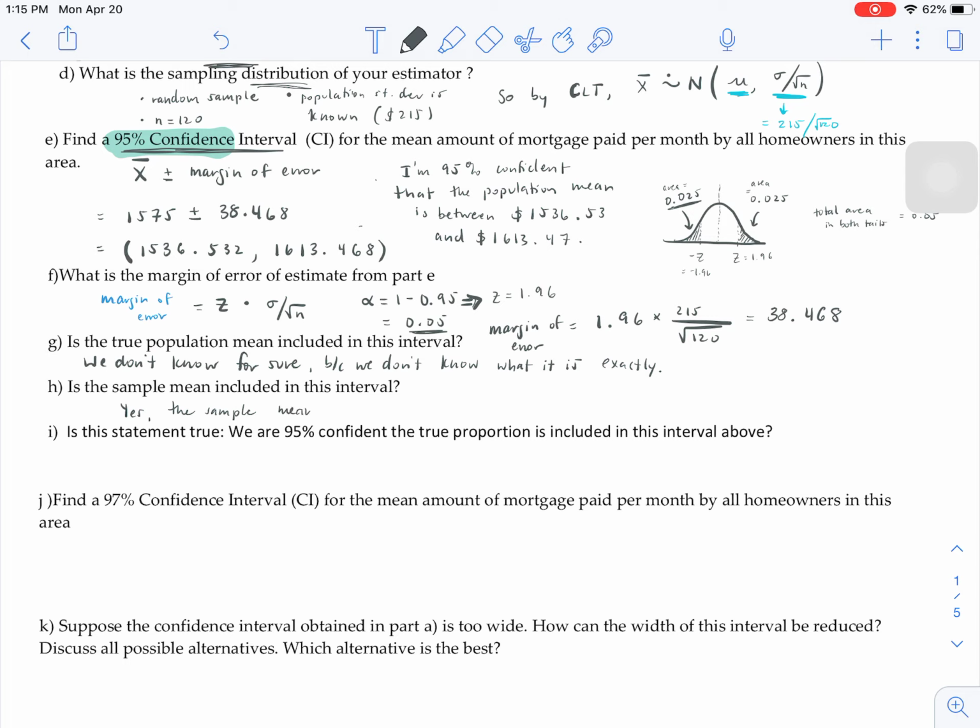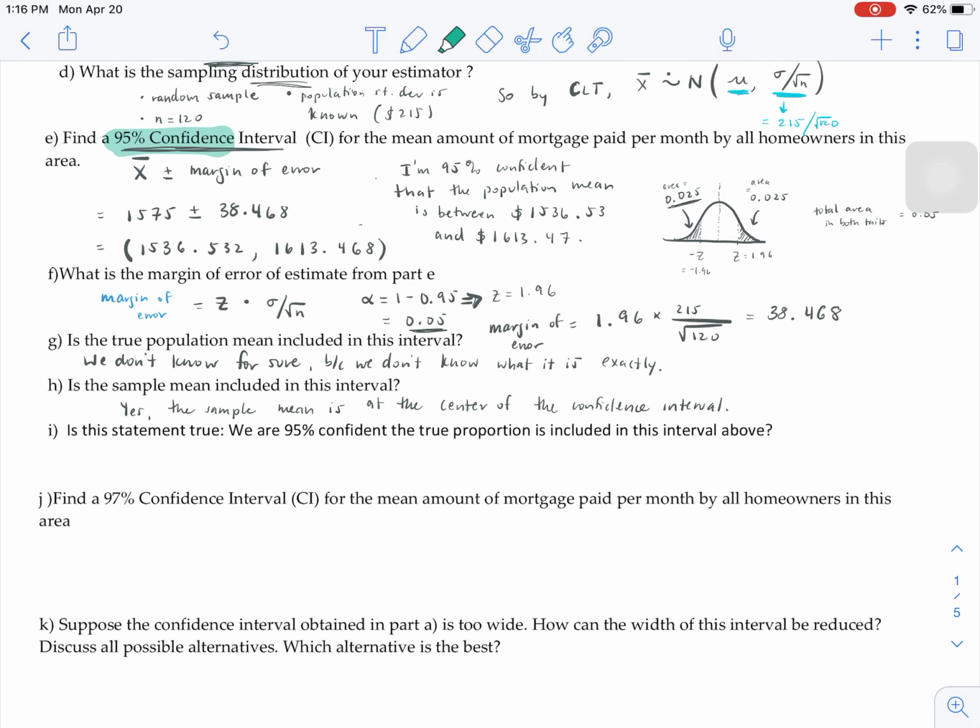So yes, the sample mean is at the center. It'll always be at the center of our confidence interval. Why? Because the way we make it is we take our sample mean and we add $39 to it and subtract $39 from it. So we're adding or subtracting the same amount on each side. So it's always going to be smack dab in the middle.